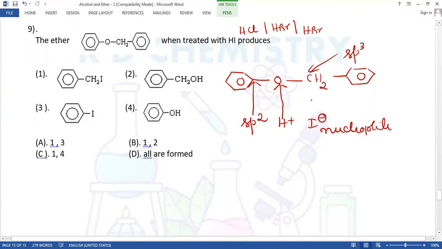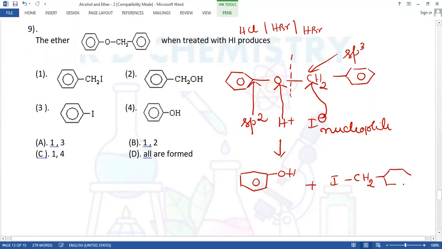So the nucleophile easily attacks the sp3 carbon atom. Therefore the bond breaks at this region, right? So what is the answer? We'll get a benzene ring attached to the OH group, plus I, then CH2 attached to the benzene.